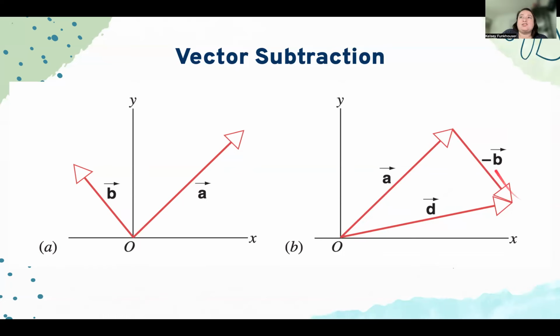So that's what this is. It's just B in the opposite direction because that's what the negative does. And then again, the same thing here where we draw a vector from the tail of A to the tip of negative B. And that is vector subtraction. So it's really just vector addition of the negative of the vector.